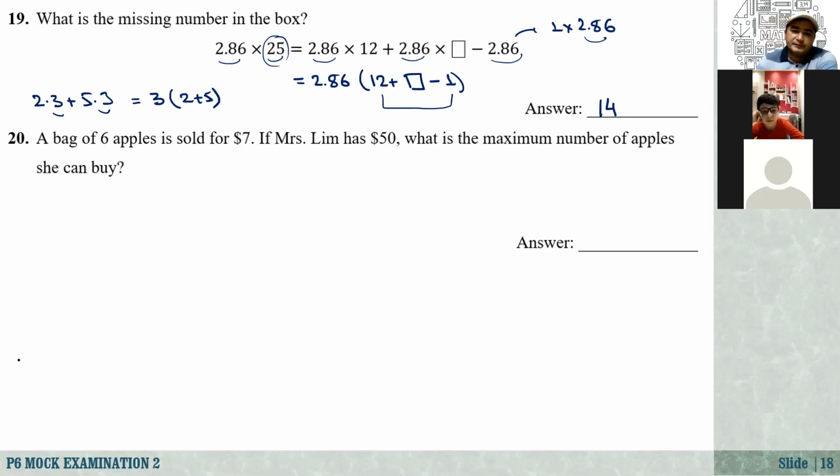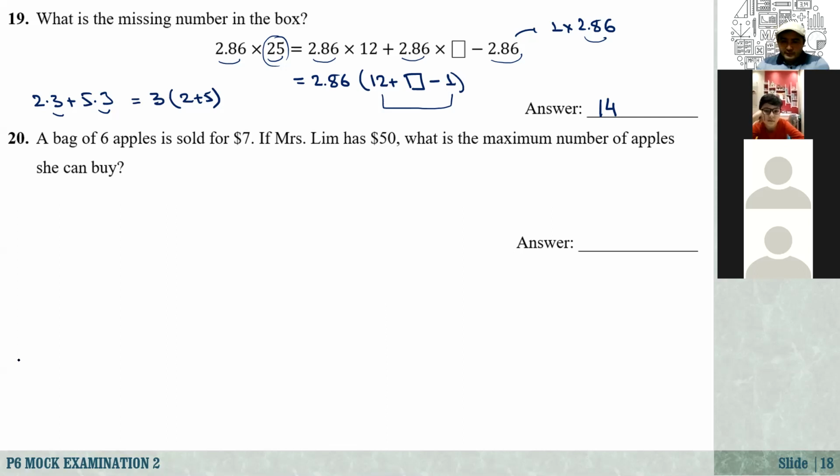Okay. Question 20. Ismail, can you answer question 20? Read it first, Ismail. A bag of 6 apples is sold for $7. If Mrs. Lim has $50, what is the maximum number of apples she can buy?